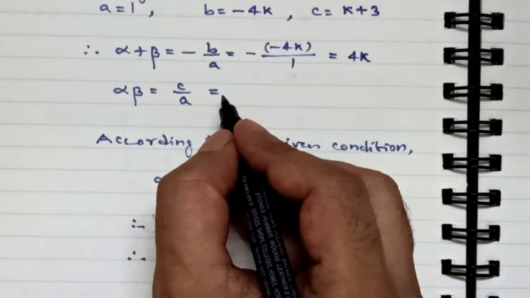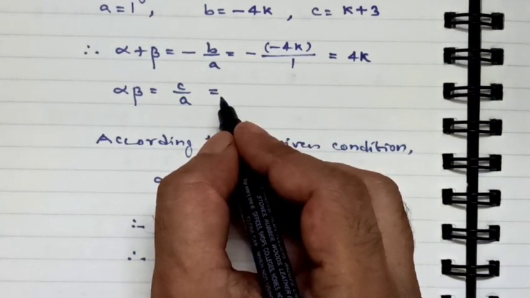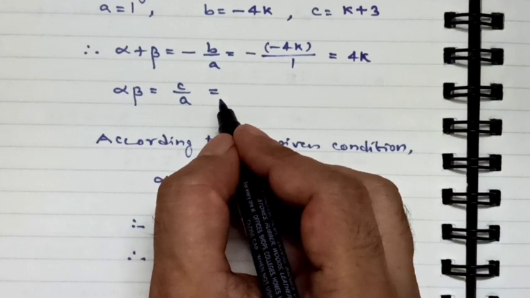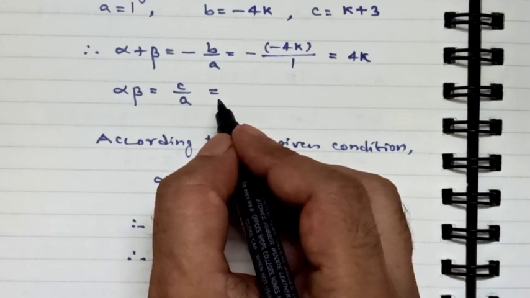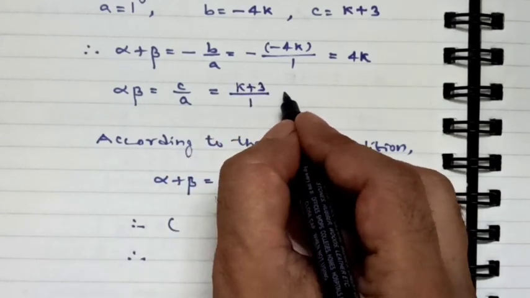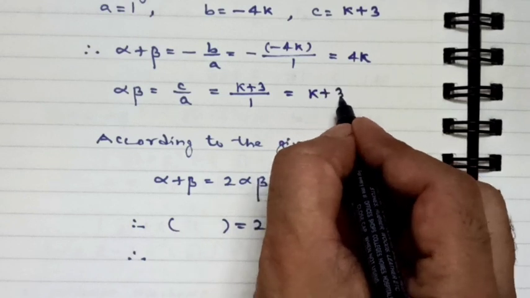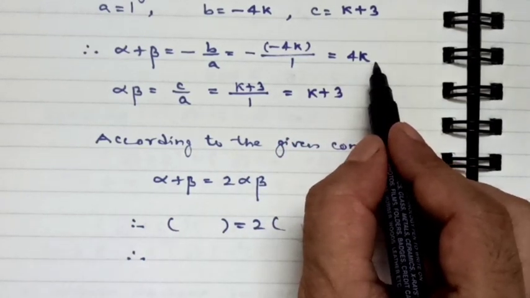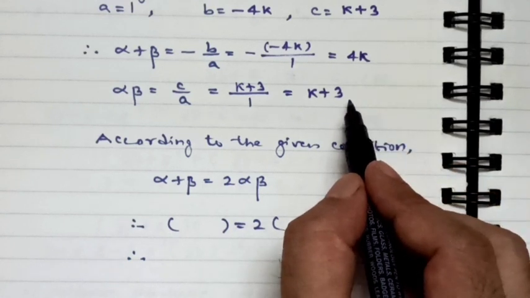Same way, alpha into beta is c when a is equal to 1. Otherwise you can say alpha into beta is equal to c by a. Here c is k plus 3 and a is 1. Divide by 1, you will get k plus 3. This is your minus b and this is your c.